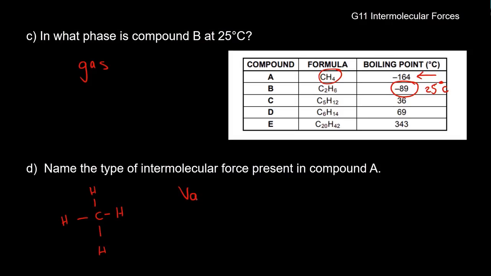So what is our answer going to be? Well, we know that it is going to be a van der Waals force, but we want to be more specific about it, and so we're going to say that this is going to be the weakest because it is a non-polar molecule, and so we're going to say this is a London force.